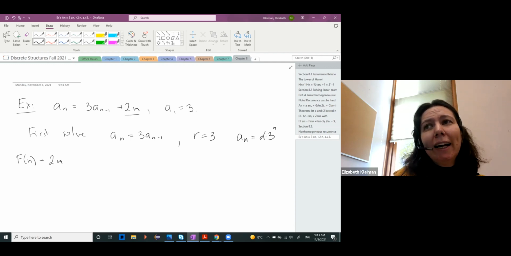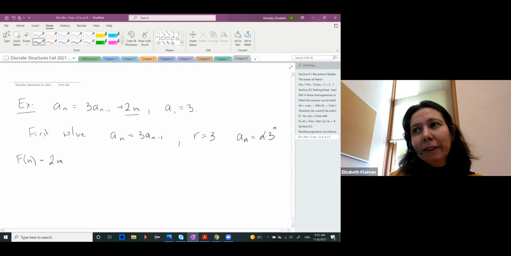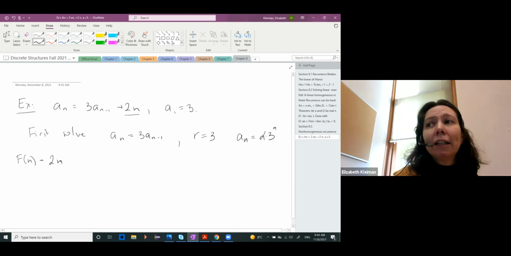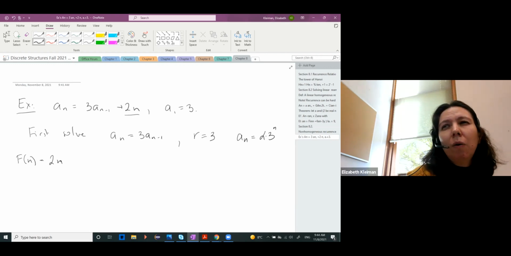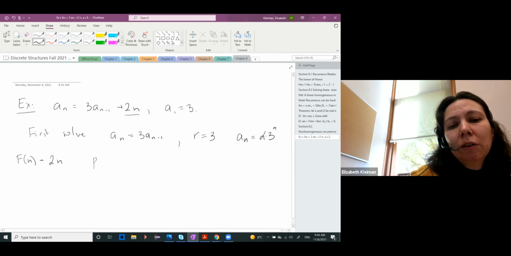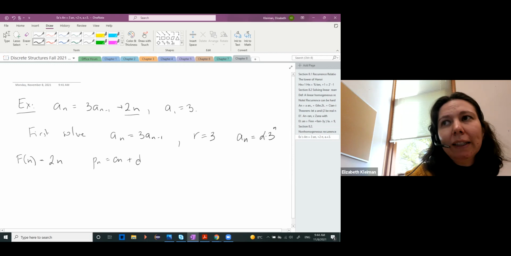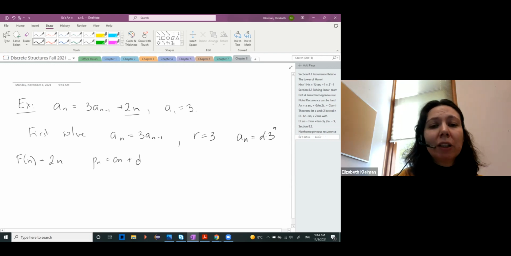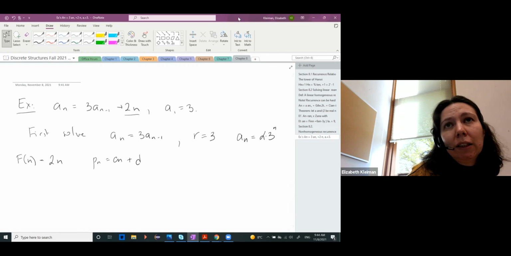So we can kind of know the solution is going to have the form Cn plus D, where C and D are some constants.